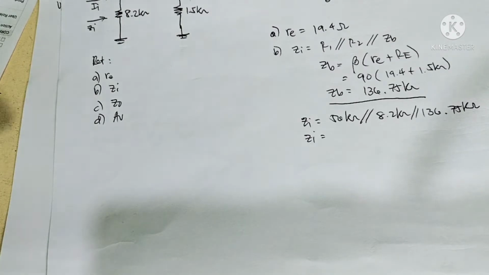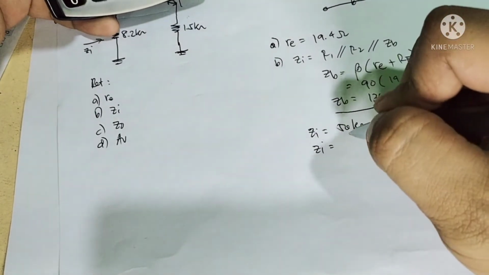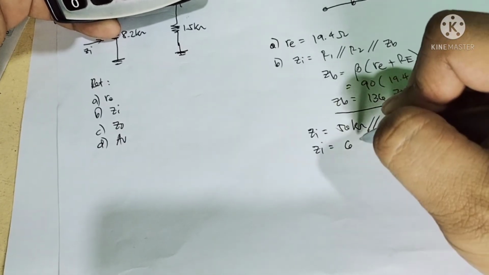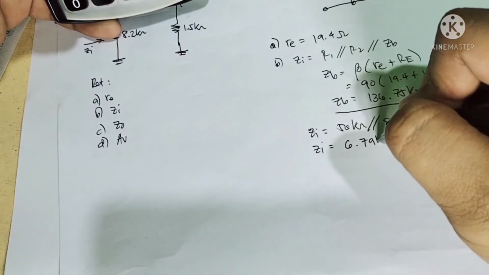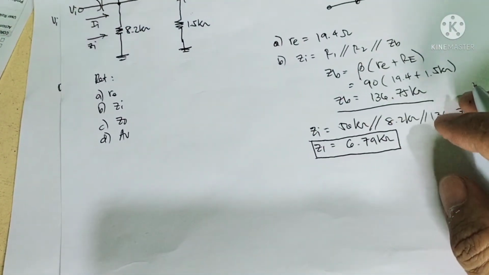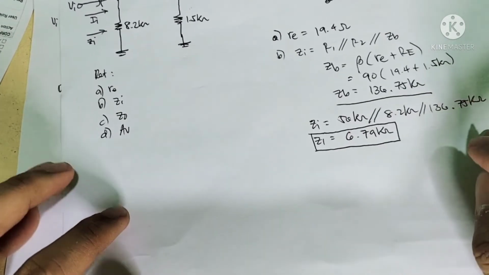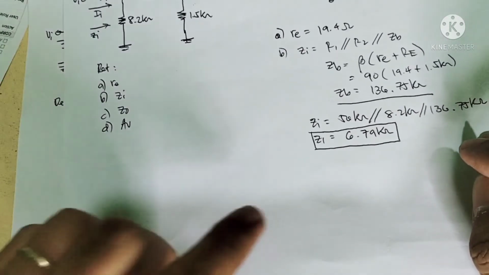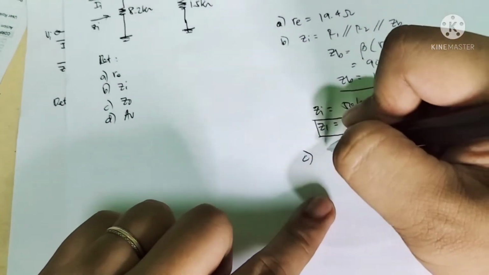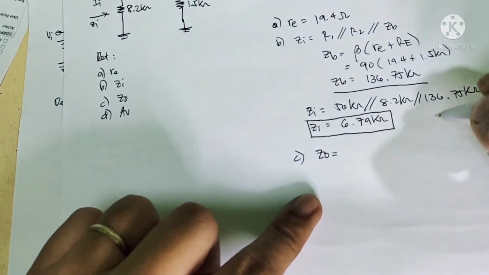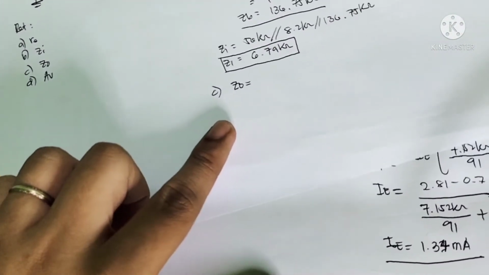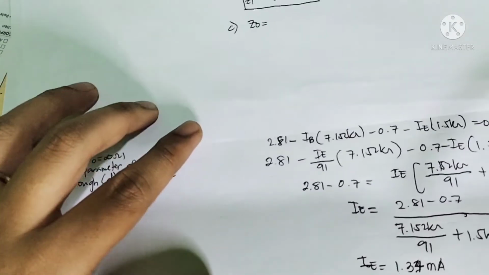Therefore the input impedance is 6.79 kiloohms. So this is now our ZI. Next, the output impedance Z out. I think it would be the same as the previous answer, no? This one.